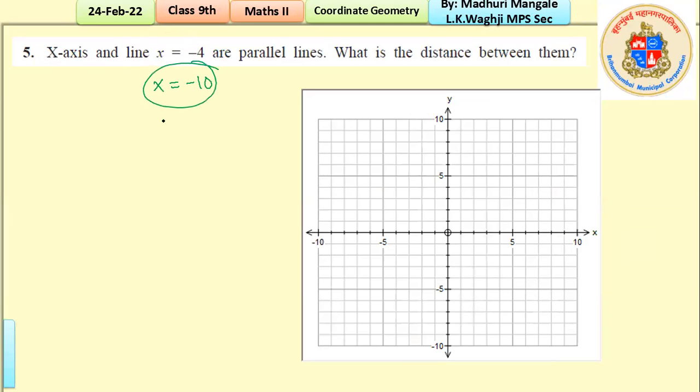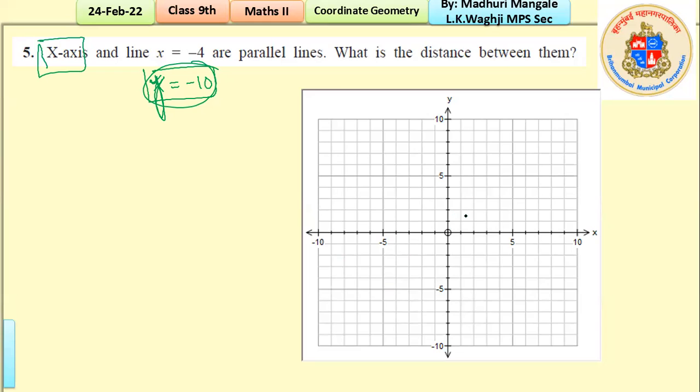Then what will be the distance between the parallel lines? So there's the x-axis and there's this line y equals negative 10, and these two lines are parallel. Between these two lines, what is the distance?